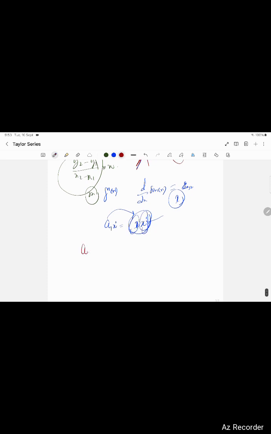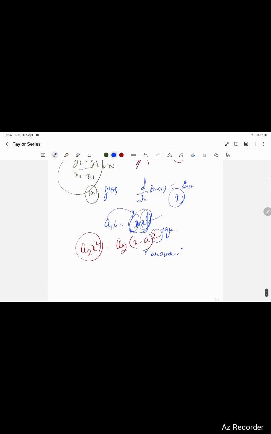Now we have to calculate a2 of x2. In terms of the Taylor series, we represent it as a2 of x minus a, whole square. This represents the quadratic term. Here a means the point where we are evaluating.